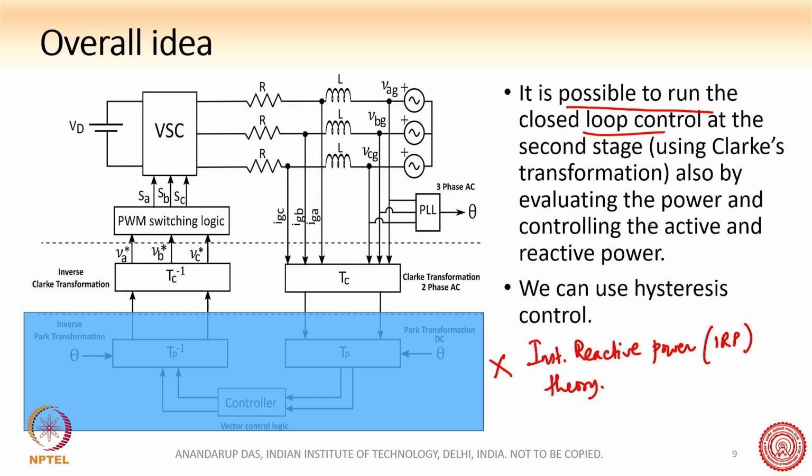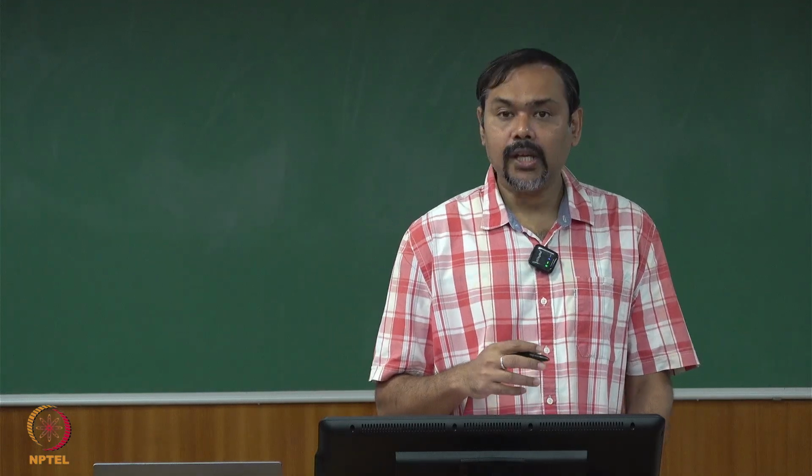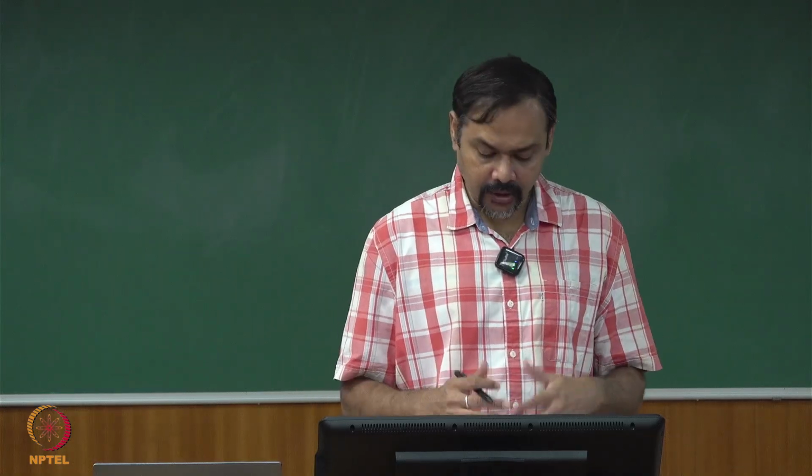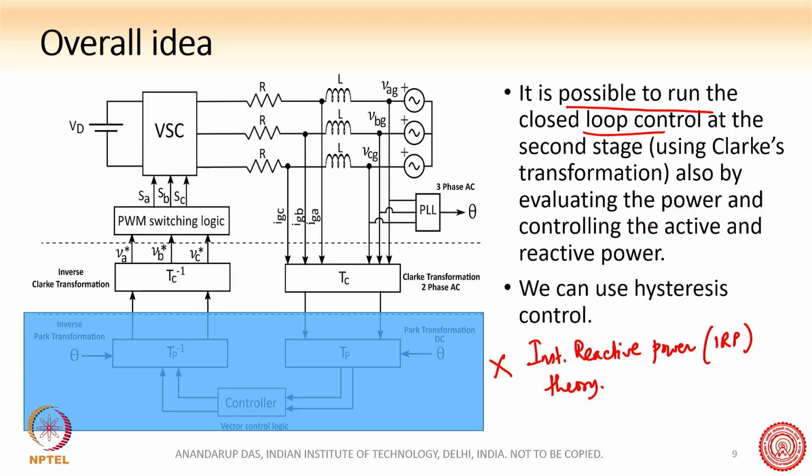There you will get P alpha, P beta, that is, in the alpha beta domain. But there is some issue with that, and that is that the switching frequency of the voltage source converter is not constant. It starts varying. So we will prefer to do it in the DQ domain. We will go into the DQ domain and develop the controller there itself.